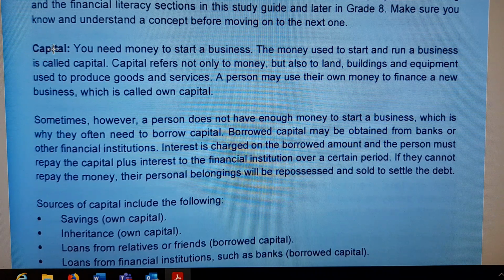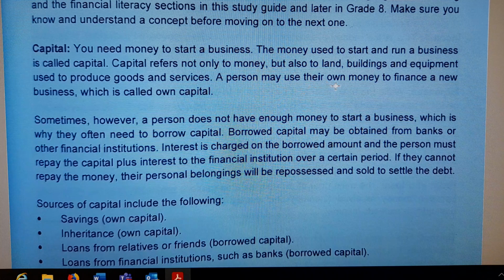Okay, so again I repeat, capital is money used to start and run the business. Capital refers not only to money but also land, buildings and equipment used to produce goods and services. So the money that you use to start a business and the land, buildings and equipment used to produce goods and services, we call that together capital.